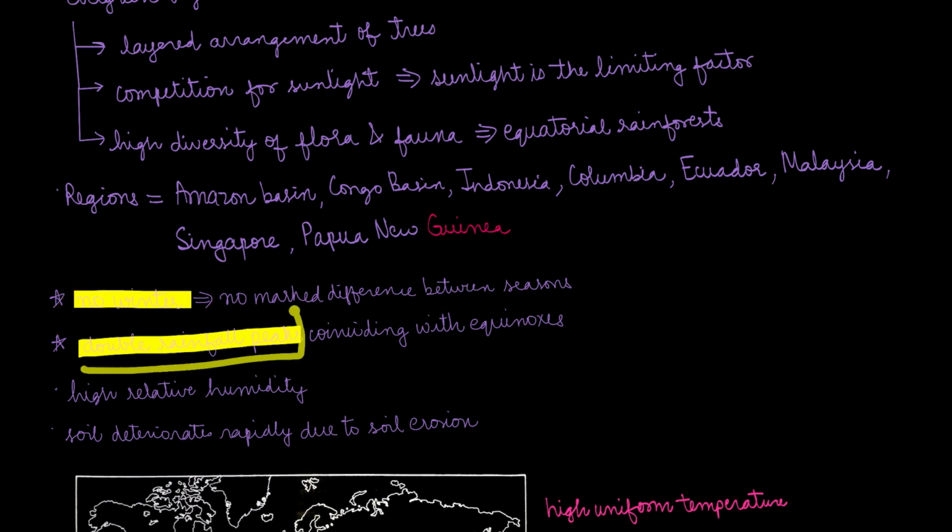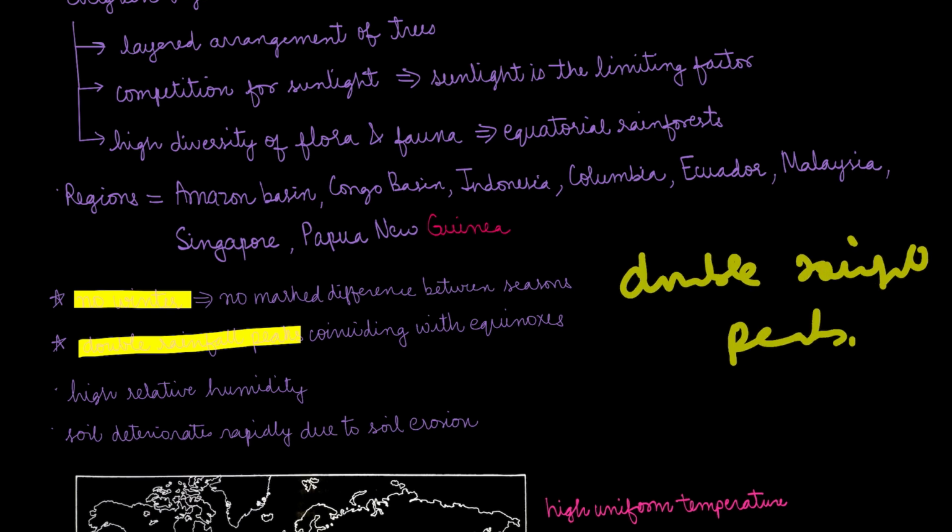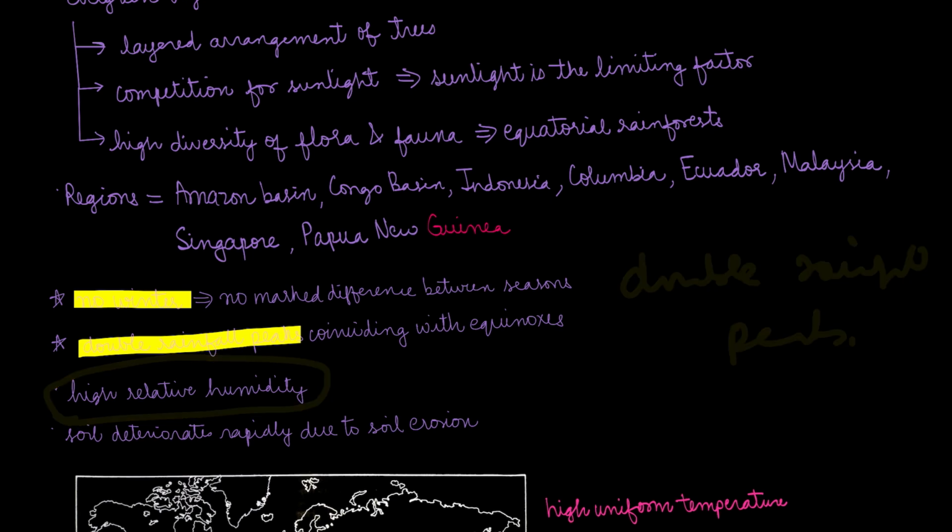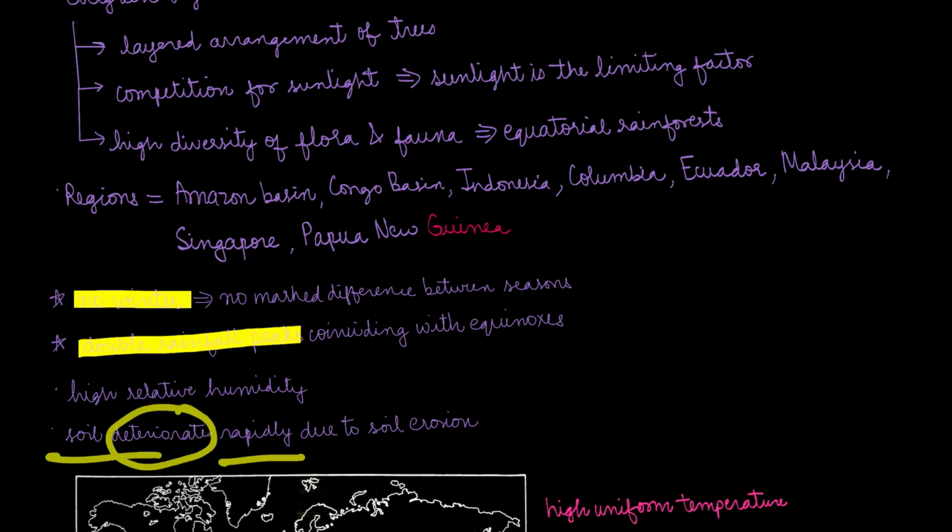Also, double rainfall peaks are formed, which coincide with the equinoxes. There is high relative humidity, and soil deteriorates rapidly because higher precipitation means more chances of soil erosion.